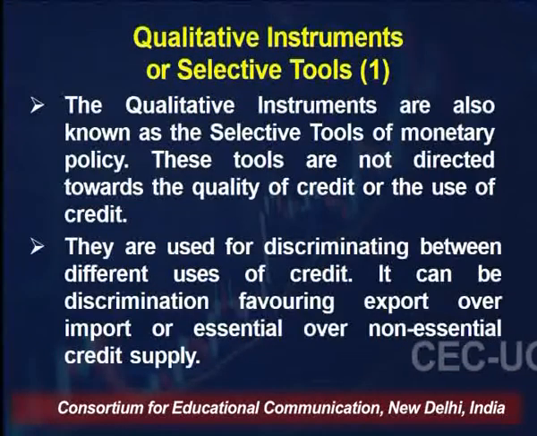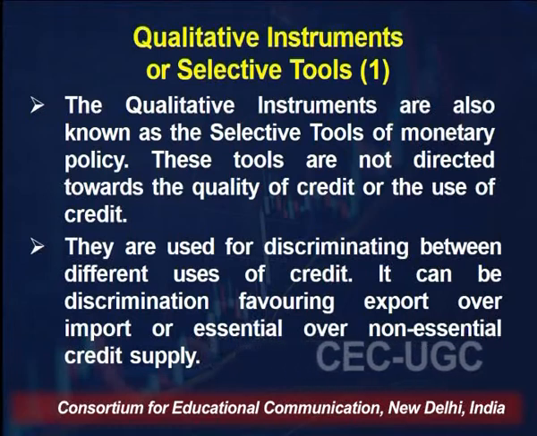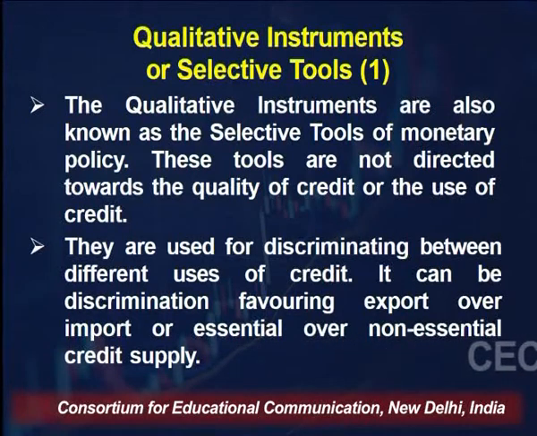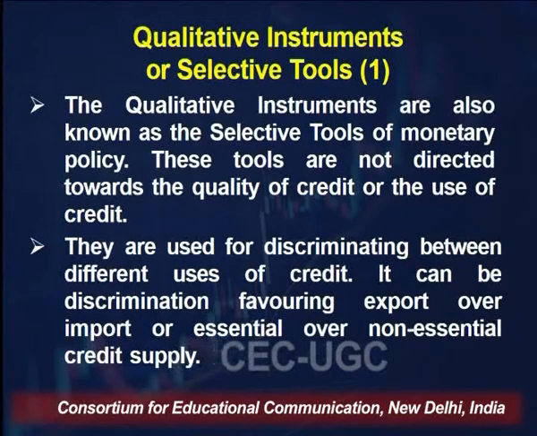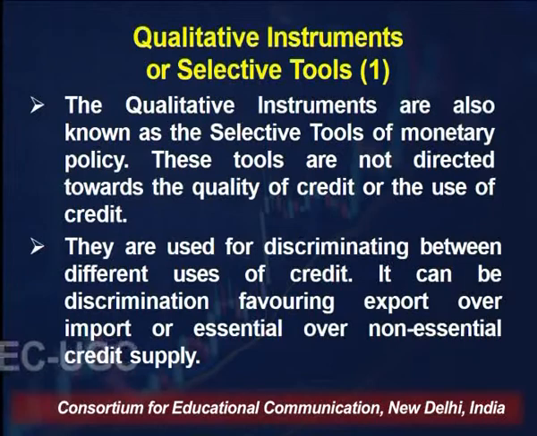The qualitative instruments are also known as selective tools of monetary policy. These tools are not directed towards the quantity of credit but the quality or the use of the credit. So they are used for discriminating between different uses of credit. It can be like discrimination favoring export over import, or essential over non-essential credit supply items.